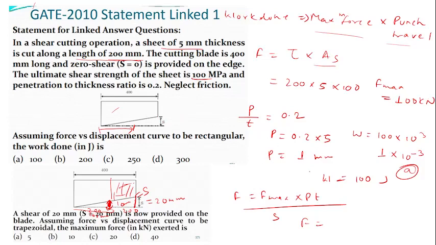So your F max was 100 kilonewton, right?